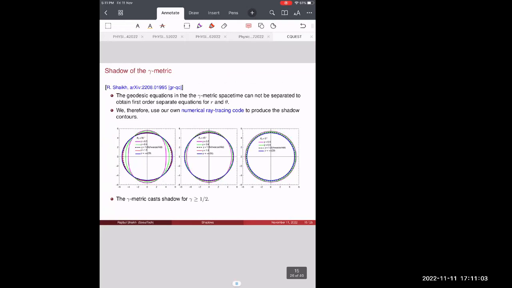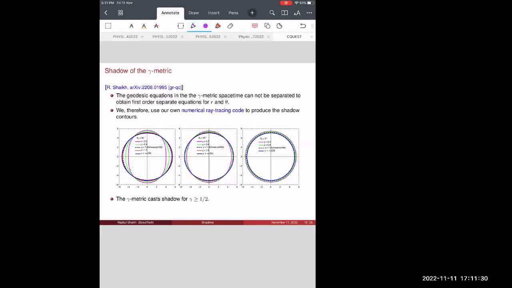Unfortunately, the geodesic equation in this space-time cannot be separated, meaning the second order coupled geodesic equation cannot be integrated to obtain separate first order geodesic equations. So we use our own numerical ray tracing code to produce the shadow.